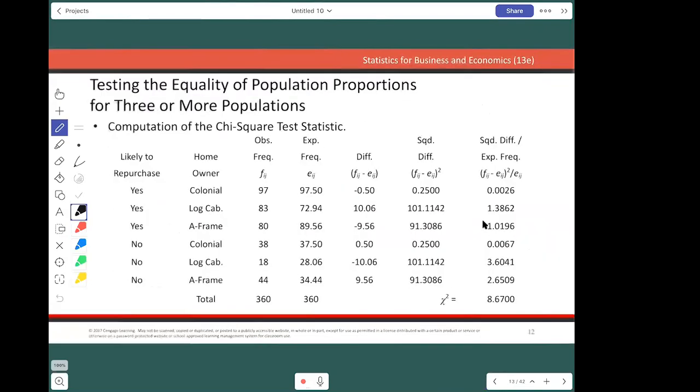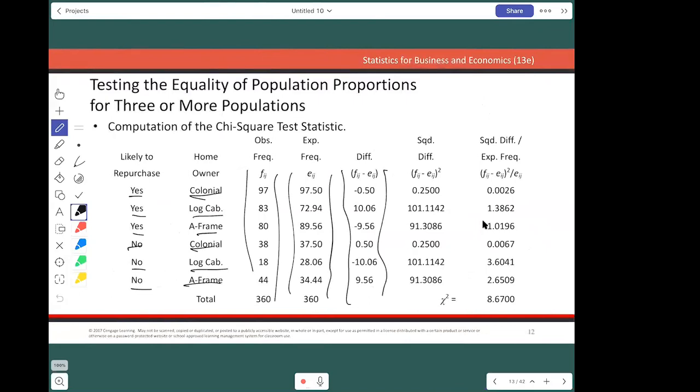The way in which is shown here, we're actually doing every row column combination, every cell, right here. So basically, yes colonial, yes log cabin, yes A-frame, that's the top row. No colonial, no log cabin, no A-frame, that's the bottom row. We have the observed frequencies from the first table, the expected frequencies from the second table.